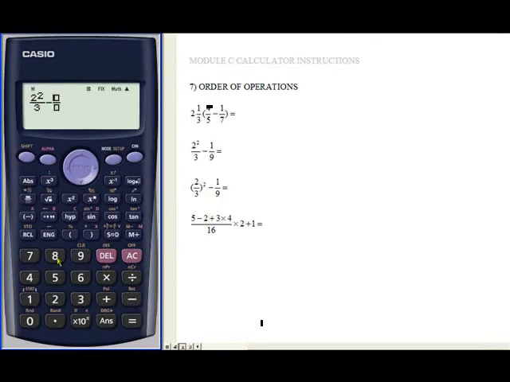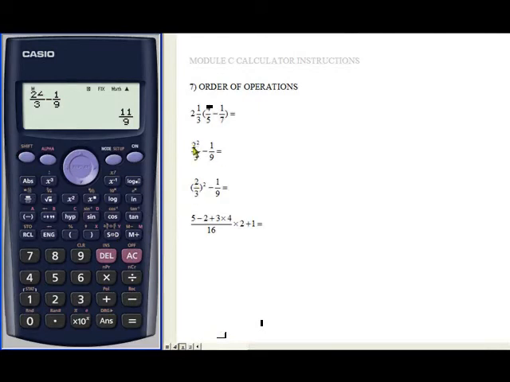Minus fraction 1, right arrow 9, right arrow. Now when you push equal, it will give you the improper fraction. You want to go to mixed numbers, second SD. Go back to the improper, shift SD or second SD.